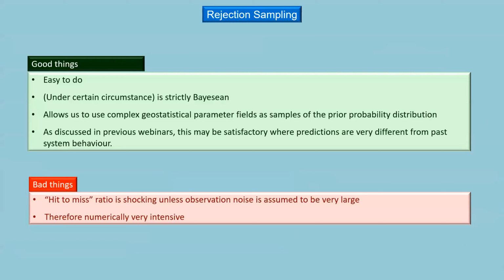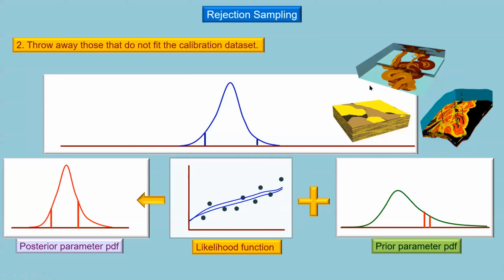The good things are it's easy conceptually, it couldn't be easier. Provided certain conditions are met, it strictly obeys Bayes' equation. It does allow us to use these types of parameter fields, and remember back in webinar 1 we said that if we're making those kinds of predictions for which the past is not very informative of the future, there really is no need to fit the past.